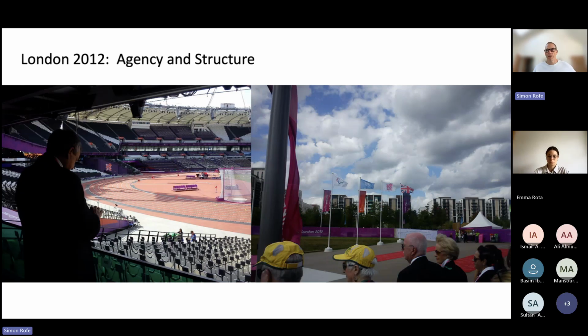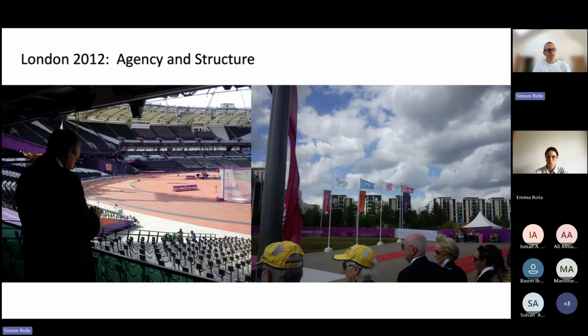LOCOG, a business, a project management exercise, an organizing committee. And the United Kingdom's Union Jack, which you may be familiar with to a greater or lesser extent. It's not a test by any stretch, but is already a composite flag of England, Scotland, Wales, and Northern Ireland, all meshed onto each other.